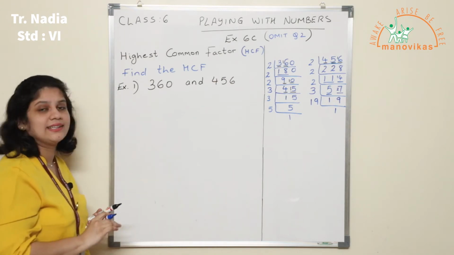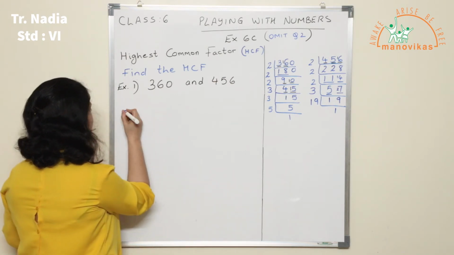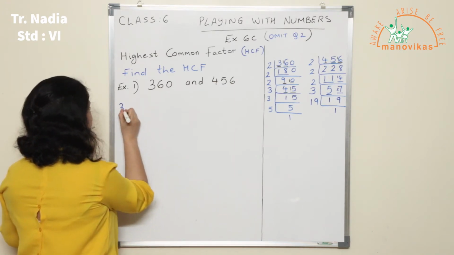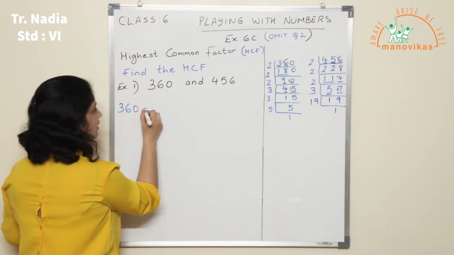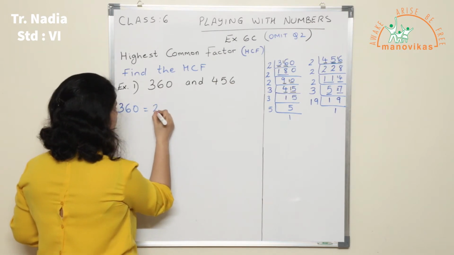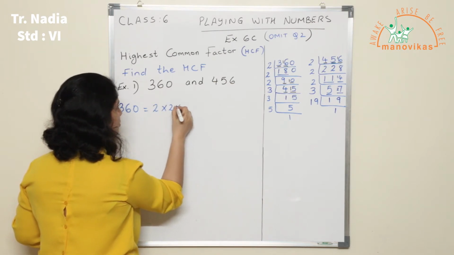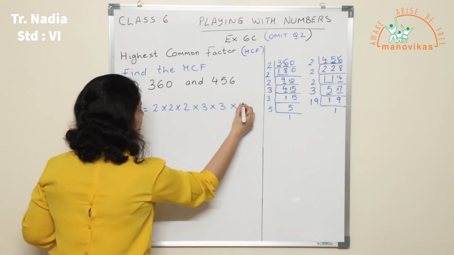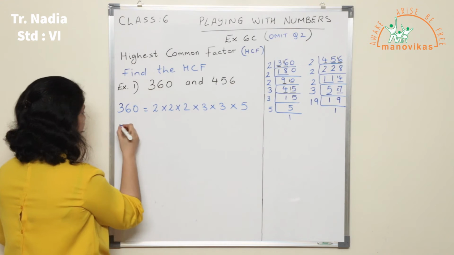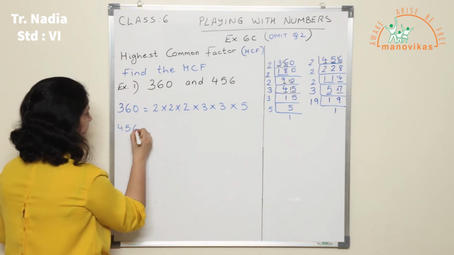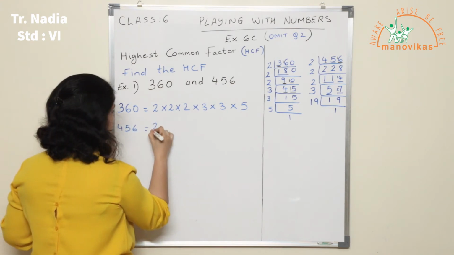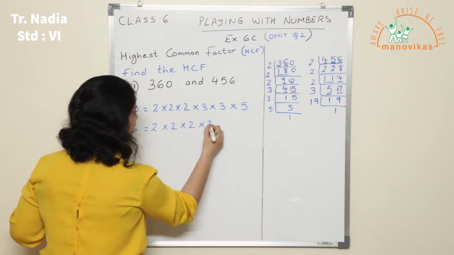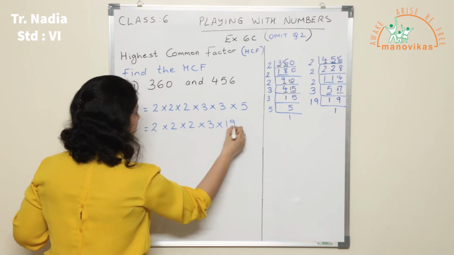Now once it is factorized in the rough column, next what you'll do is come back to the main side of your book and write all the factors here. So 360 has 2 into 2 into 2 into 3 into 3 into 5. 456 has 2 into 2 into 2 into 3 into 19.